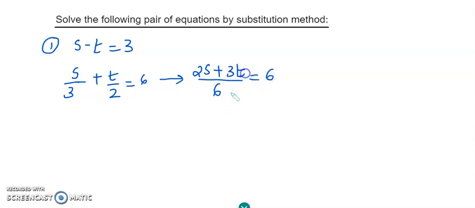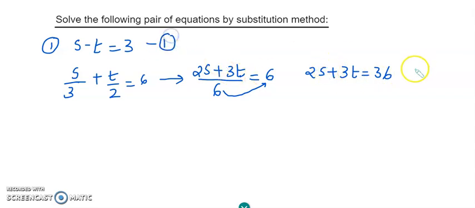Then this 6 goes to the other side, so you get 2s plus 3t is equal to 36. So my second equation is 2s plus 3t is equal to 36. This is my first equation and this is my second equation.